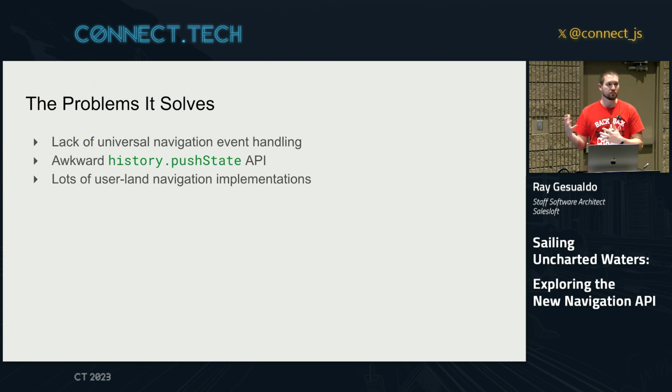But the whole point is we don't have a unified API. And so we have a lack of universal navigation event handling. If you've ever worked with a system that has multiple front-end libraries, like an Angular and a React or a Vue and a Svelte application sitting next to each other, you might have had a hard time getting their routers to talk to each other because there's no way to universally capture browser events.